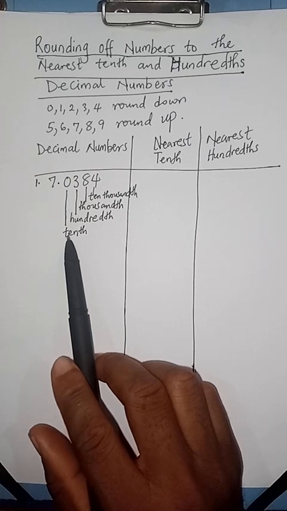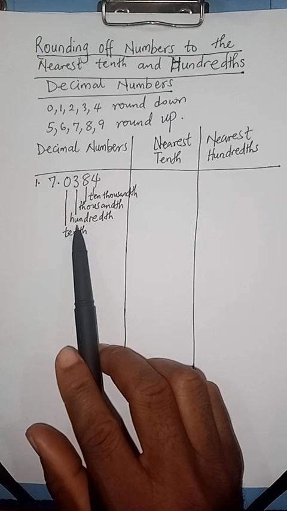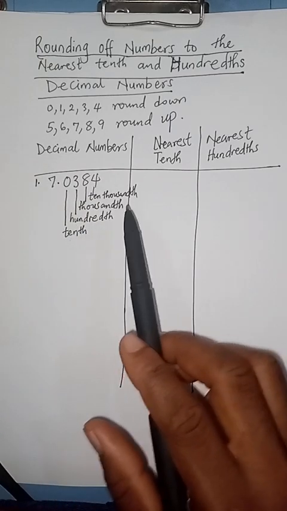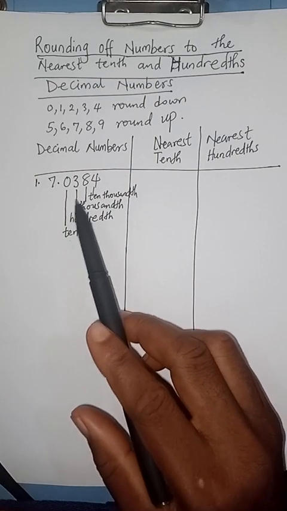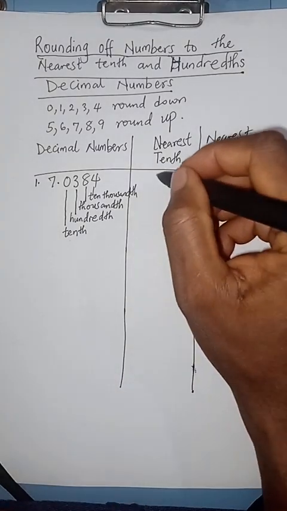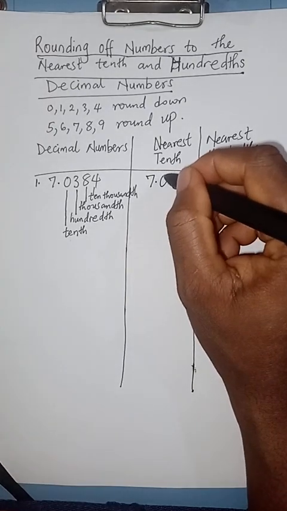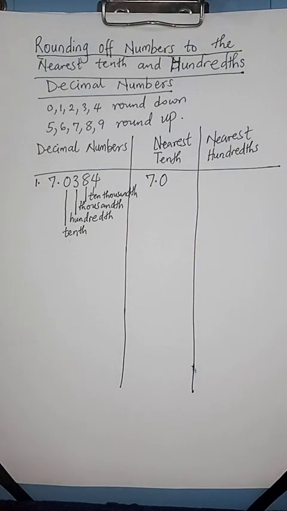If I'm going to round up, that determines the value of the digits I have after the tenth. And since the digit after the tenth is 3, it means I'm going to round down. That simply means my answer becomes 7.0. This is to the nearest tenth.